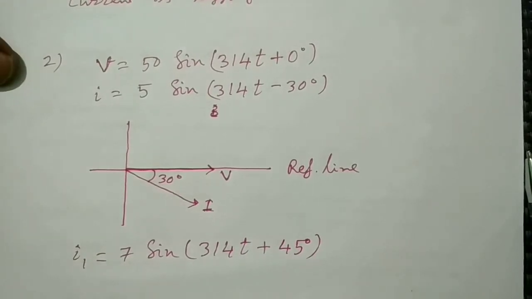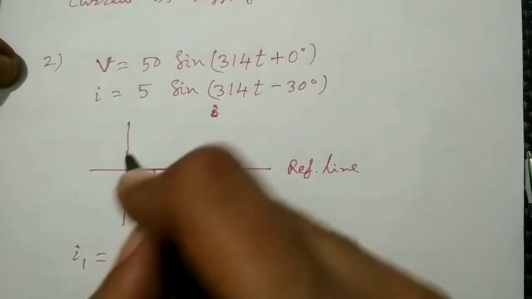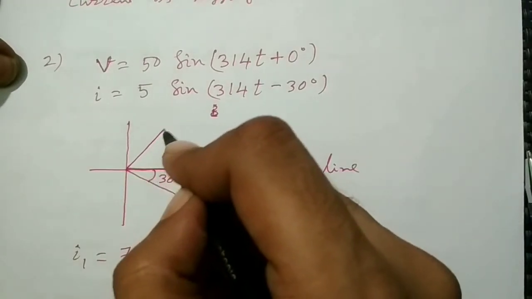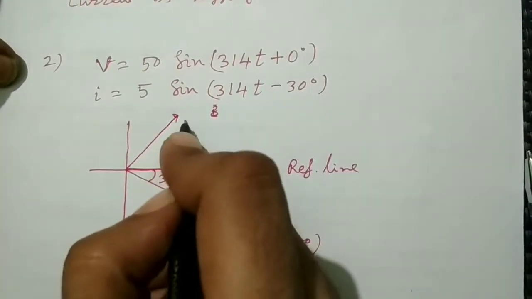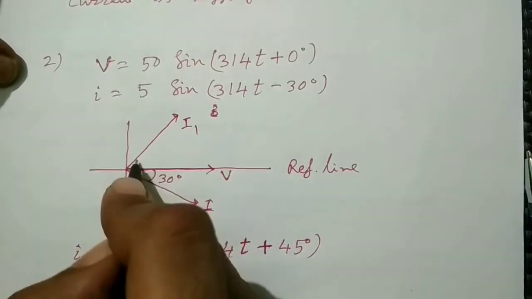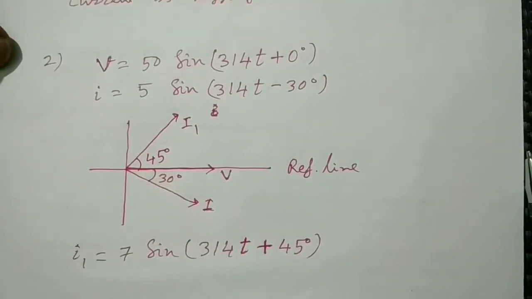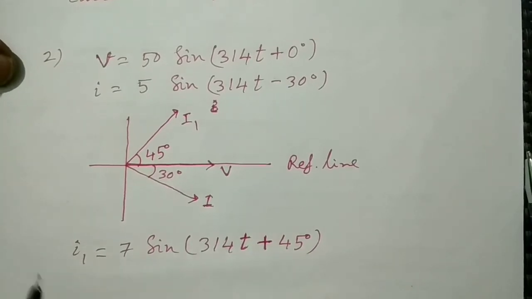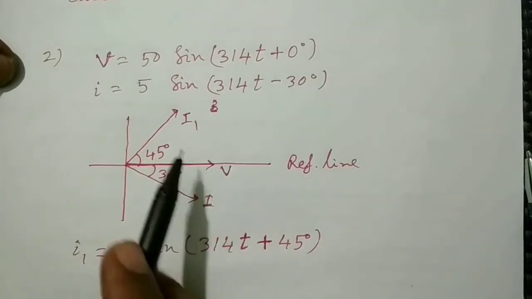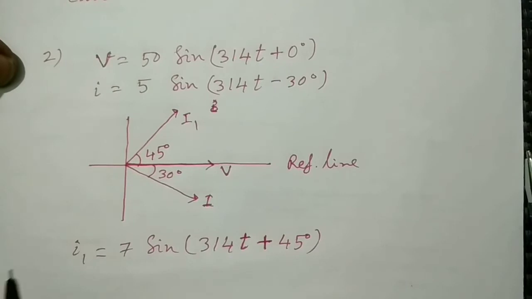So the phasor of this current I1 will be at 45 degree in the first quadrant, because at time t equal to 0, its phase angle is plus 45 degree. So the phasor of I1 is here. Now in this case we will say I1 is leading the voltage by 45 degree.